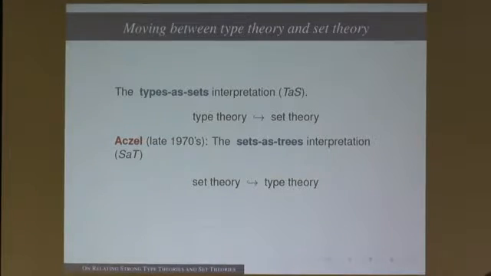And then you get an interpretation of set theory in type theory. But what will be crucial here is that it usually only works for intuitionistic set theory. So the set theory usually has to be intuitionistic, unless you have a very strong version of the reducibility axiom, like P rad, for instance.